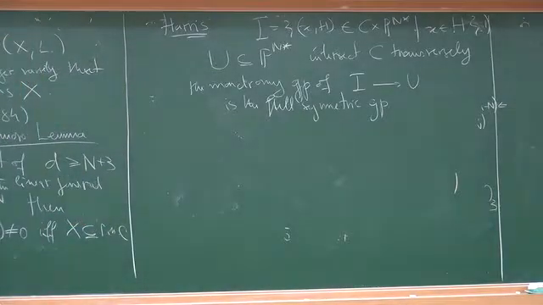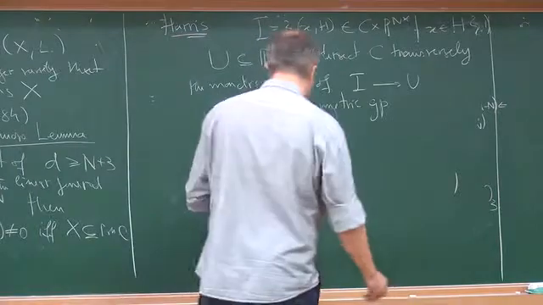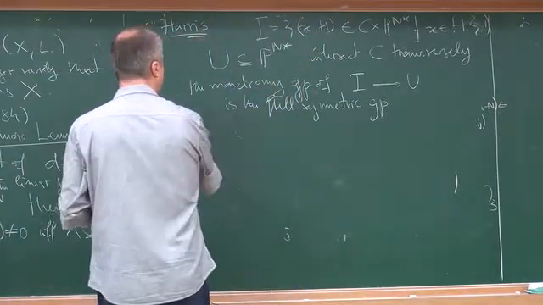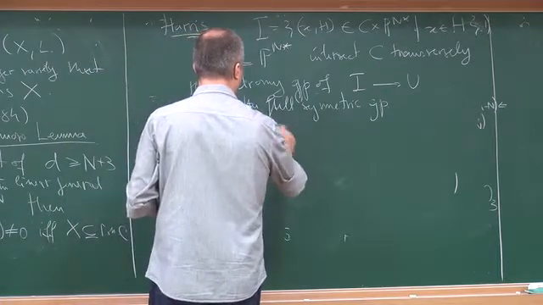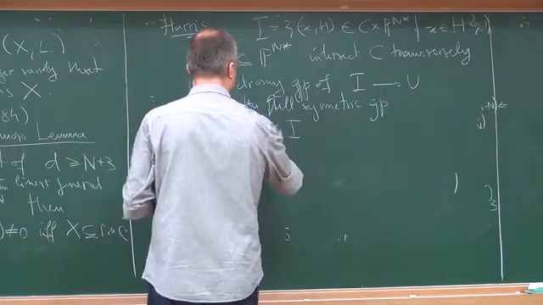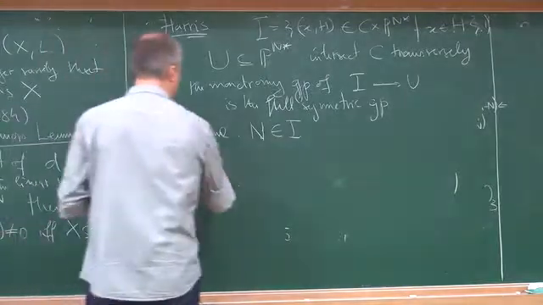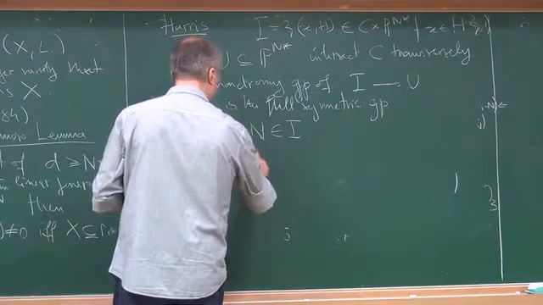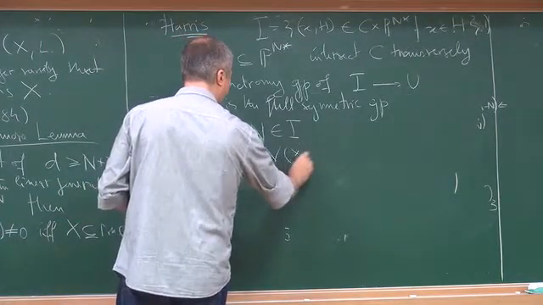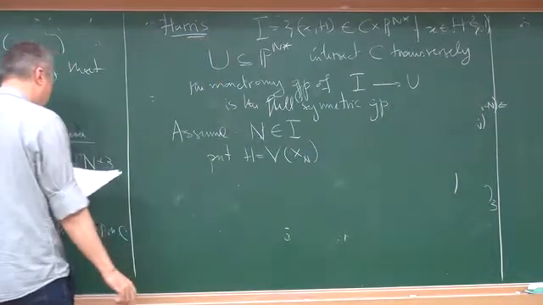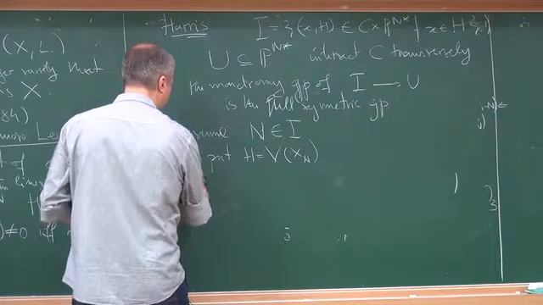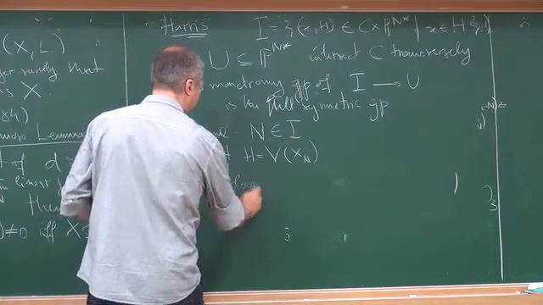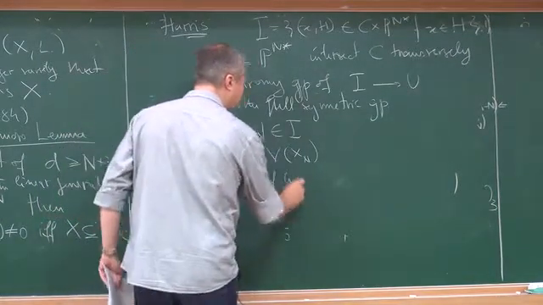So how does it act? Let's assume now that n is in some I, and put h to be V of x_n, and take a loop of hyperplanes.